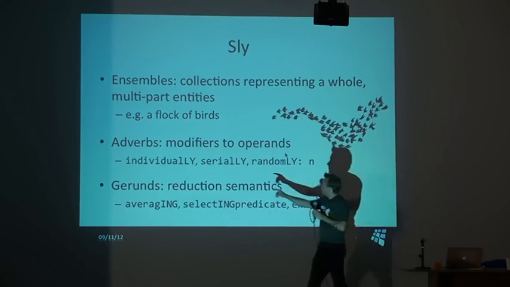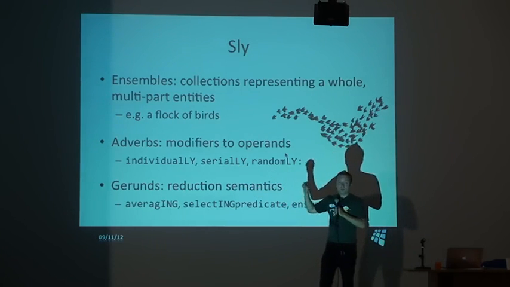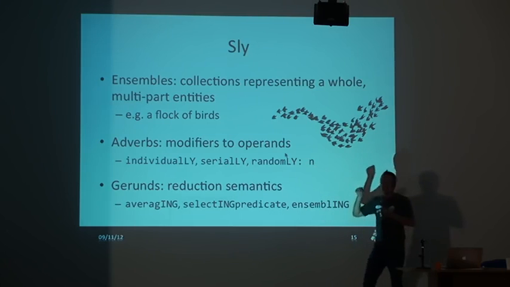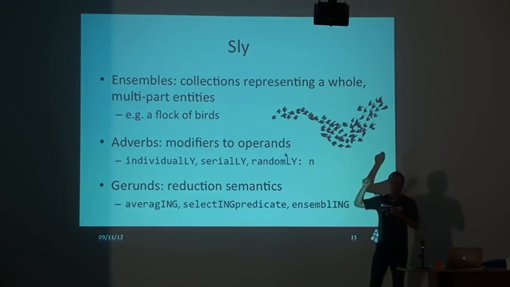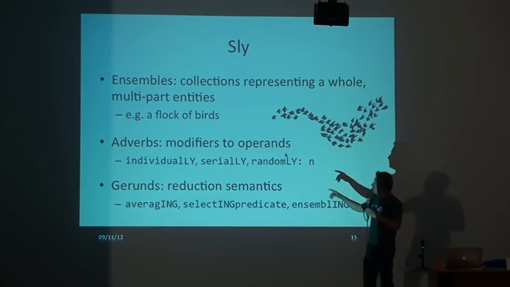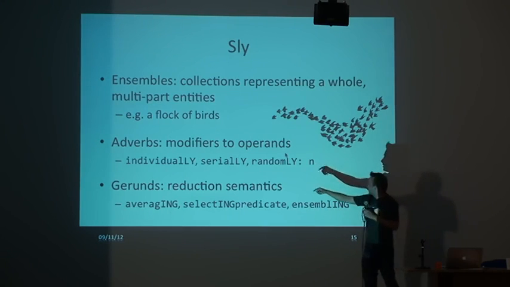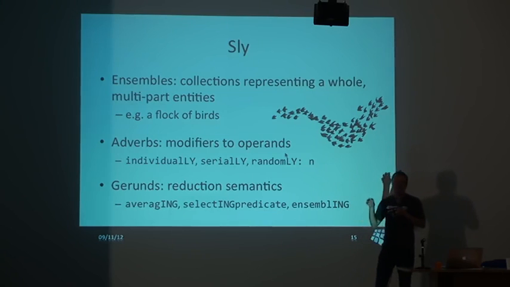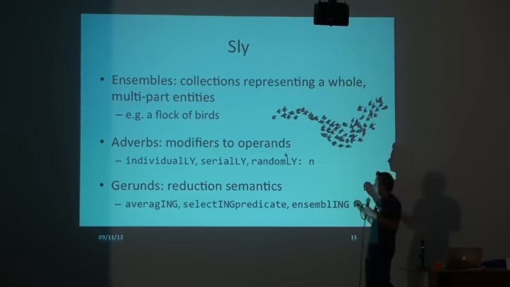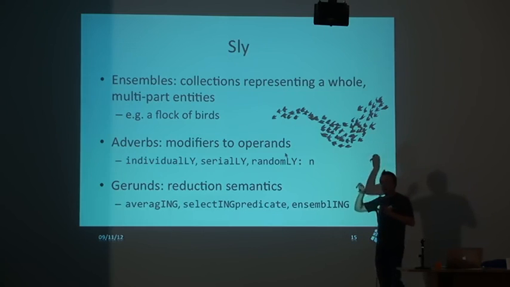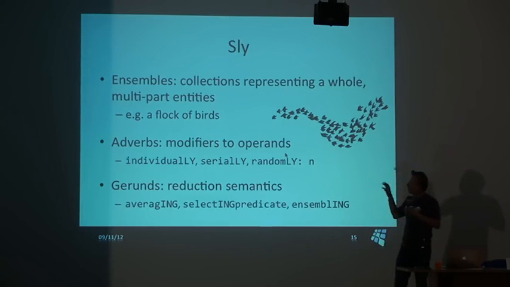As you can imagine, serially will make sure that the message you're trying to send to the ensemble is serially applied to all members of the ensemble. Randomly will pick out random elements, exactly n elements from the ensemble, and apply the message to those. And individually will take every single element out of the ensemble and apply the operation individually.